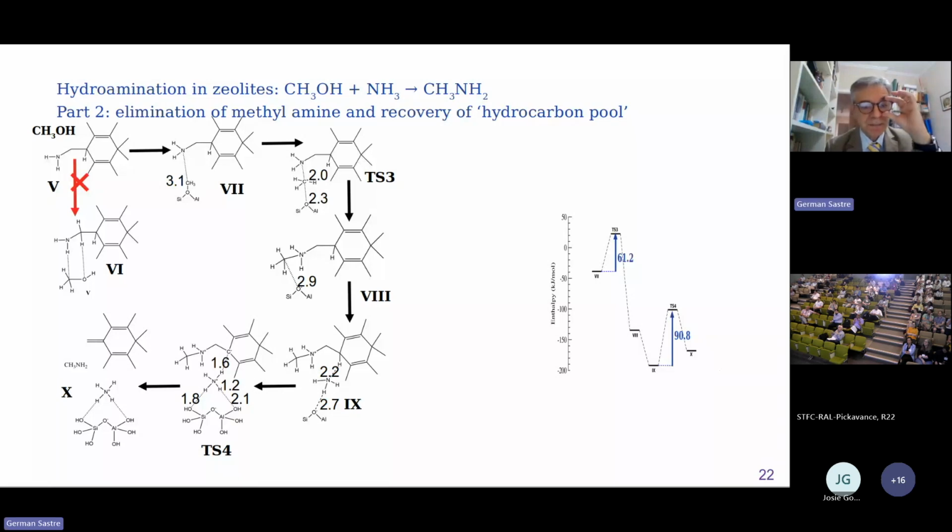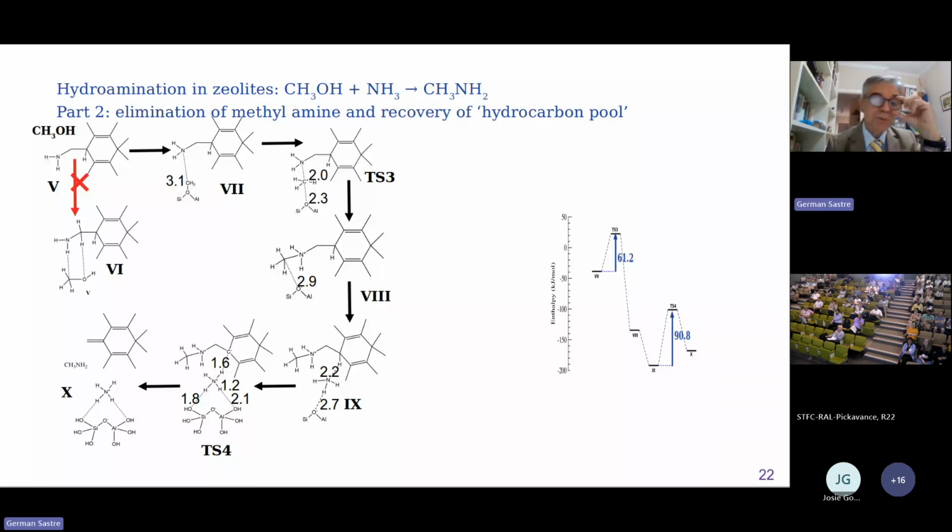Okay, so that is the full mechanism of hydroamination, certainly different to what we found in the other material, without the participation of a transition metal in this case. And this is one way, our suggestion, to explain the experimental results, taking into account that these hydrocarbon pool molecules have been detected in the experiments through mass spectrometry.